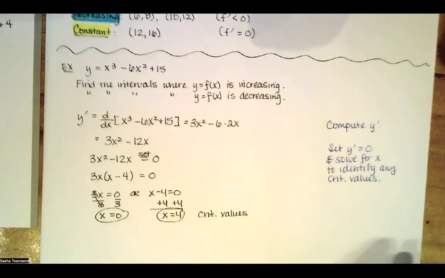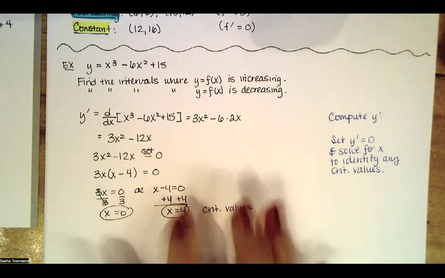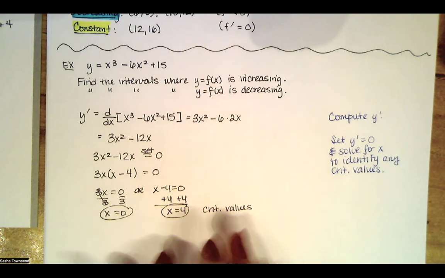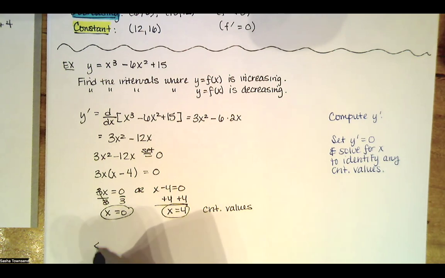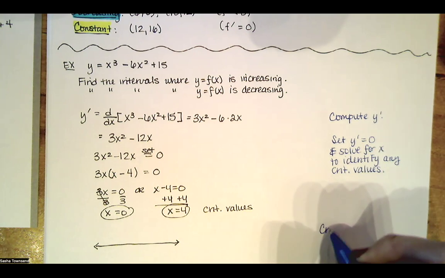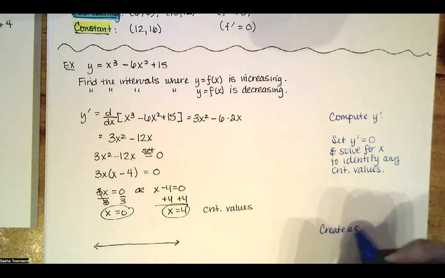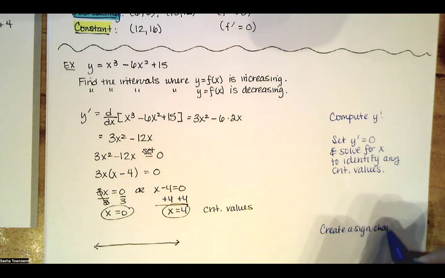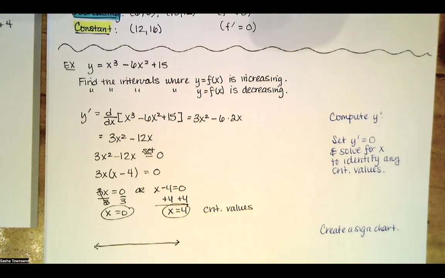Now, one way that we can do some bookkeeping to keep track of the intervals where the function is increasing and decreasing is to make what's called a sign chart. So we draw a number line here, and then we list our critical values on the number line in the appropriate order.